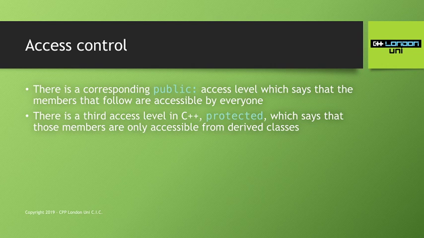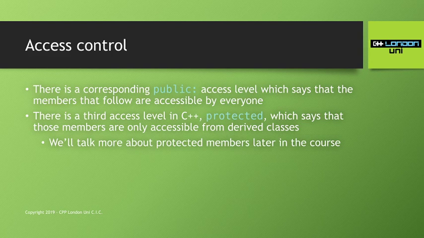It's called protected. Things that are marked protected are accessible only from the same class or from derived classes. We're not really talking about derived classes yet. This is object-oriented programming, inheritance, virtual functions, all of that stuff. We will talk about that in due time, and we'll talk about what the protected keyword does in more detail. But for now, just know that there is a third access level as well.